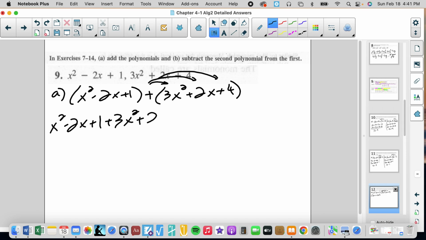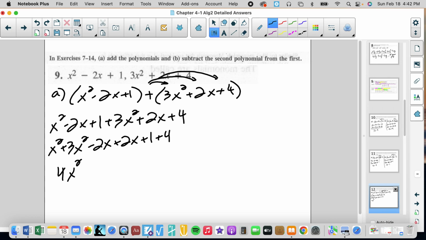We need to remove the parentheses so we can move them across and use the commutative property, and that allows us to align or put our like terms next to each other. And that'll be 4x squared, these cancel, plus 5. So that should be the correct answer, 4x squared plus 5, good.